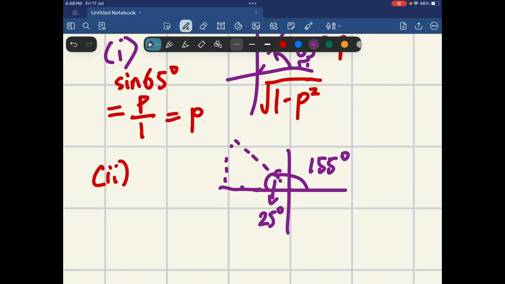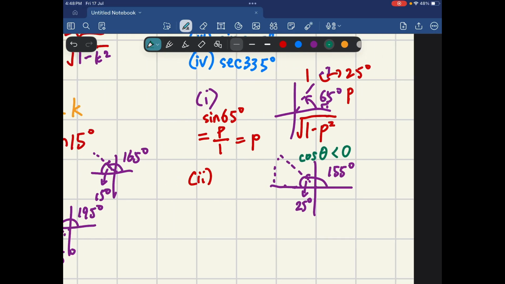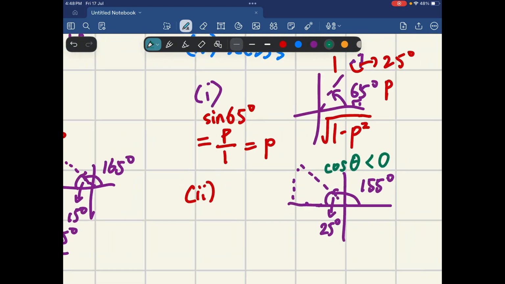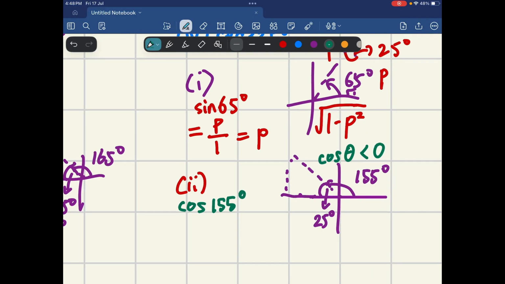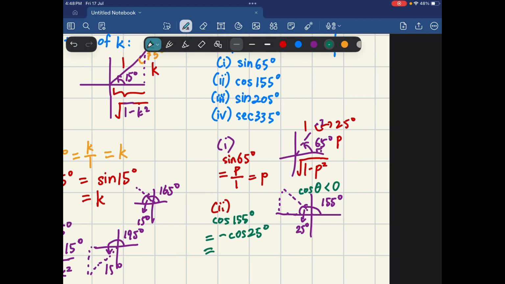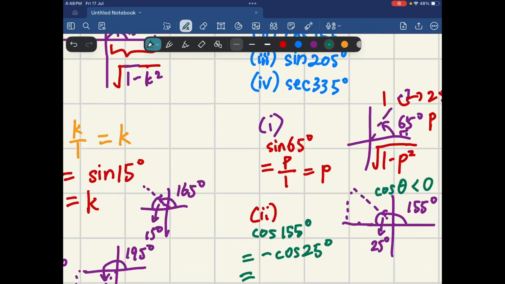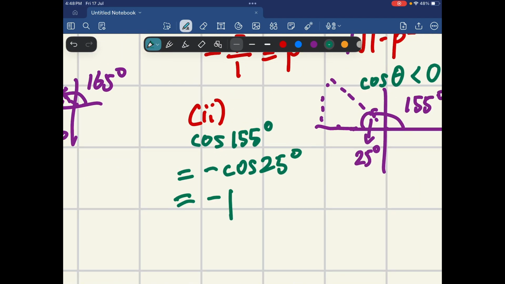And in the second quadrant, our cosine will be negative. So we have to take that into account. So cosine 155 degrees will be minus cosine 25 degrees. And we know that cosine 25 degrees is p, so it will be minus p.